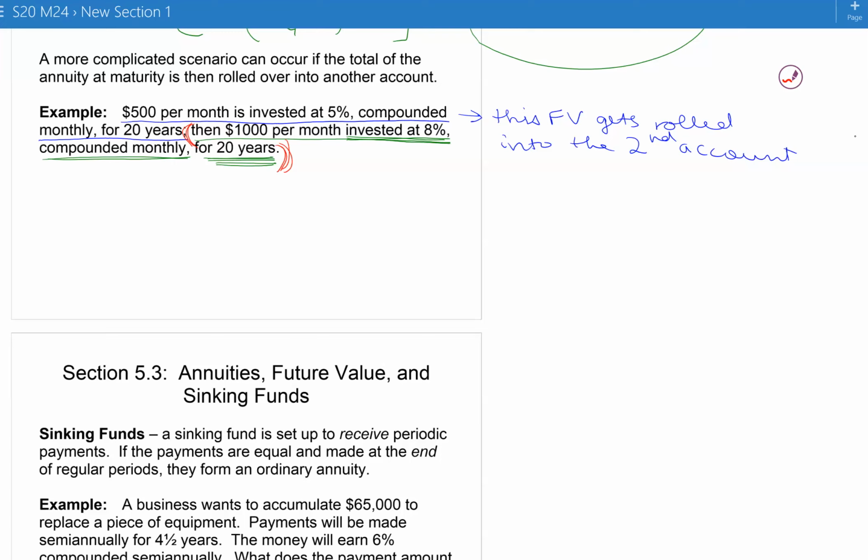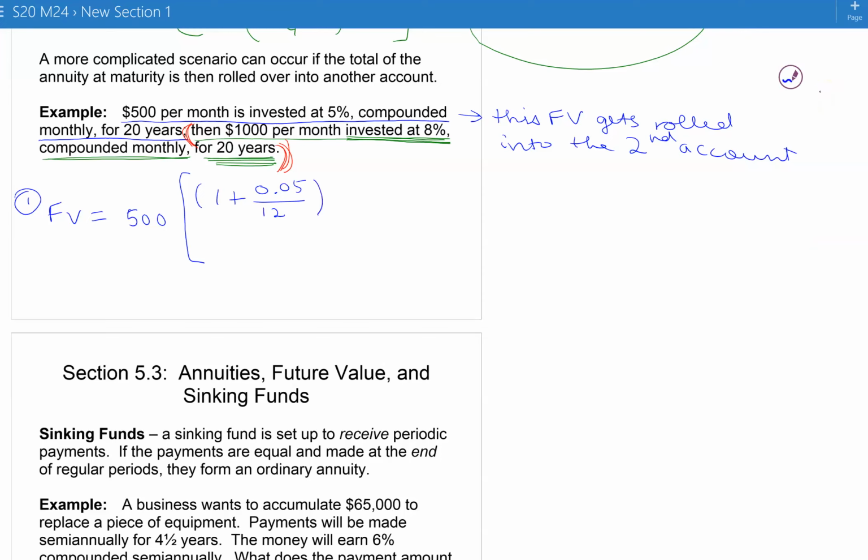So there's 3 pieces. The first annuity, then that money gets set into an account with interest compounded monthly, and then there's a second annuity. Okay, so let's do them one at a time. First we want to know the future value of the $500 annuity, and we have 1 plus the interest rate of 5%, so that's a decimal of 0.05, compounded monthly, so divide by 12.